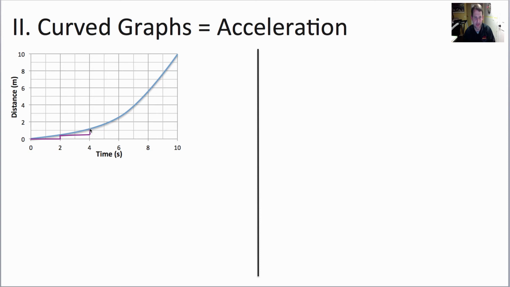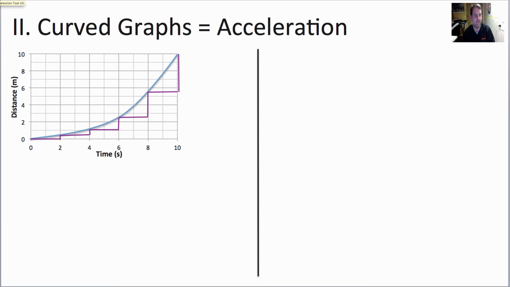In the next 2 seconds, we travel that far. Notice how these 2-second intervals, the distance traveled, it's getting bigger and bigger and bigger. So we start out with this distance, bigger distance, bigger distance, bigger distance, bigger distance. The velocity is changing, not staying constant, and that's what curves do for you.